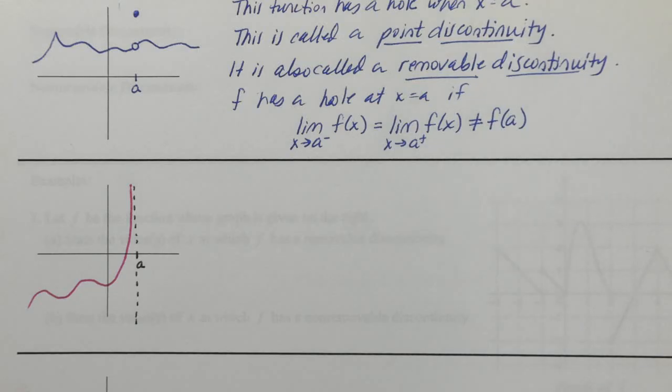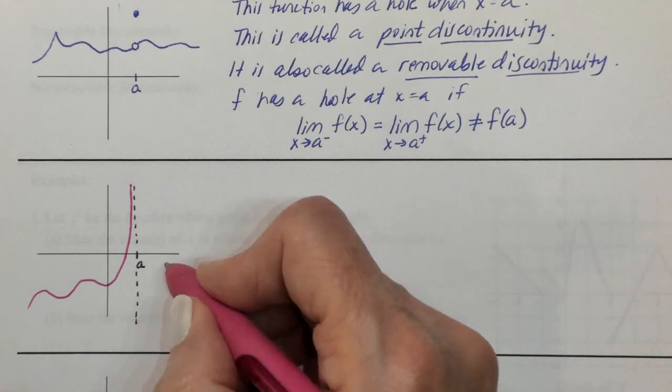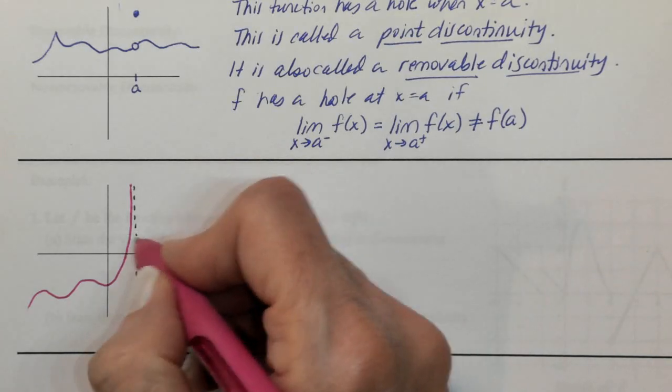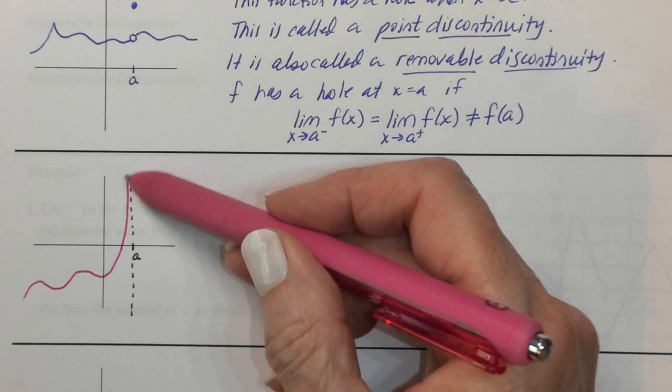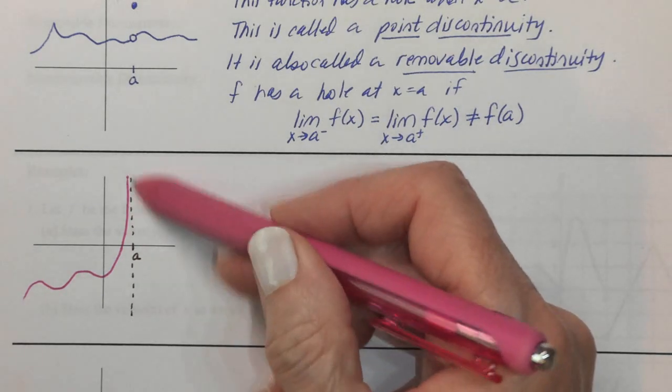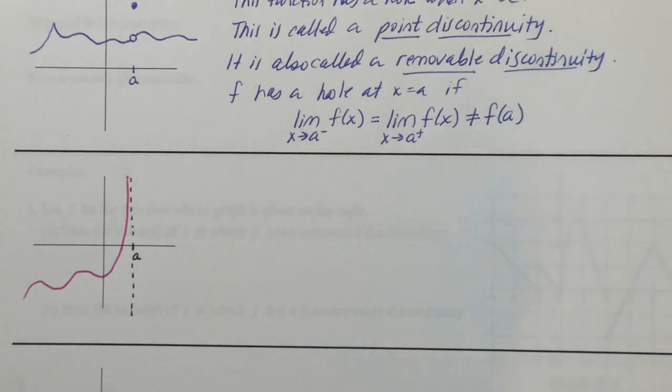On the other side, it doesn't matter what's happening. It could also be going to infinity, it could be negative infinity, it could be a straight line, it could be a horizontal line. It could be anything. This is already a vertical asymptote, even if I don't tell you what's on the other side.